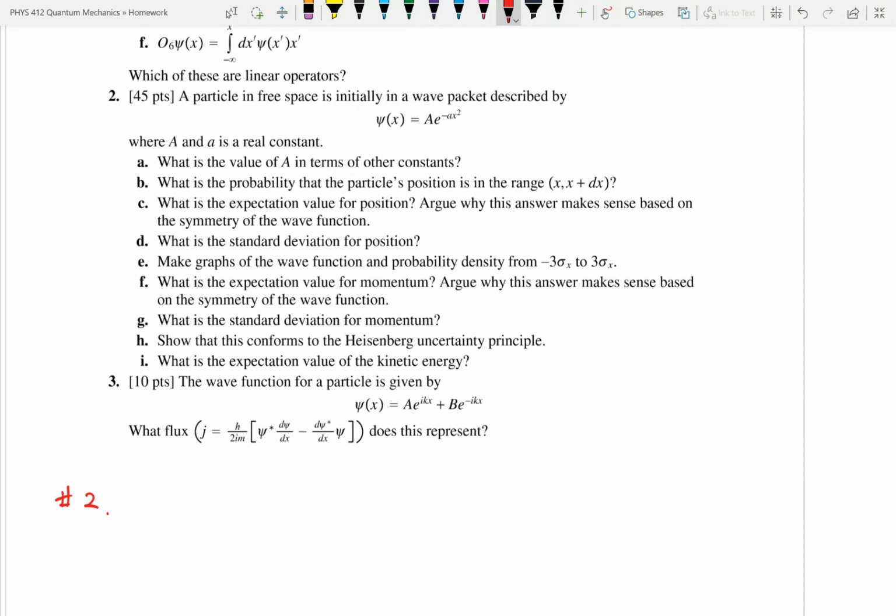Well, some of them might be just me not thinking clearly, but for instance, part A says, what is the value of A in terms of the other constants? Is that to normalize it and then solve for A, or is that to just solve A as it is?